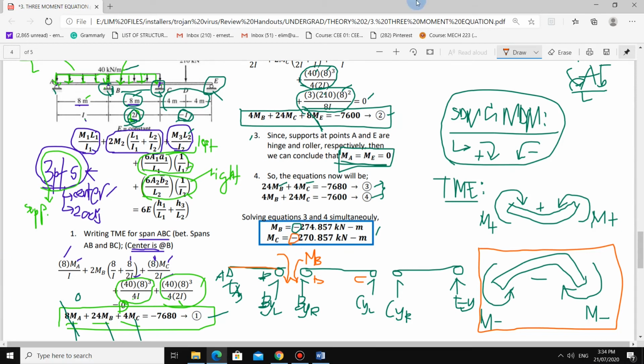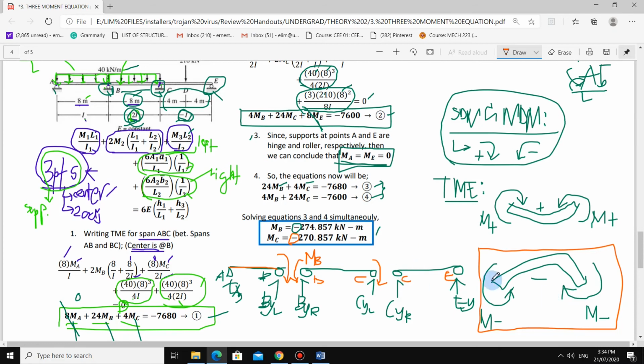Okay, so negative moment pod. So if you consider span BC, so asa man si C karon? Nasa right side. And unsa man tong negative moment sa right side? Clockwise. Okay, so clockwise gyapon. So kana clockwise siya. Okay? So now, if you consider span CE, asa man si C karon? Nasa left side.